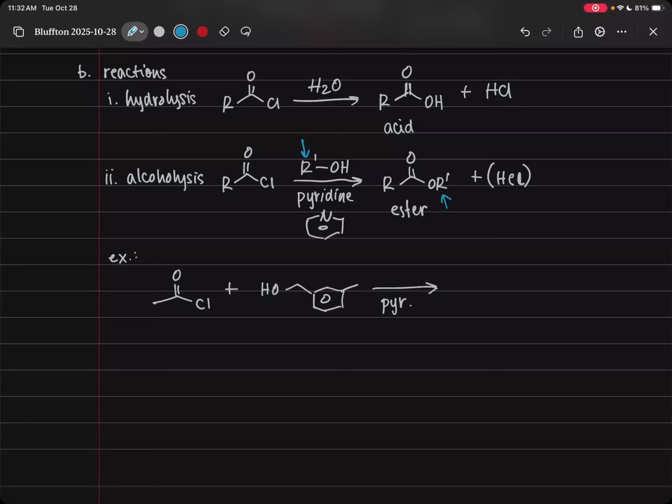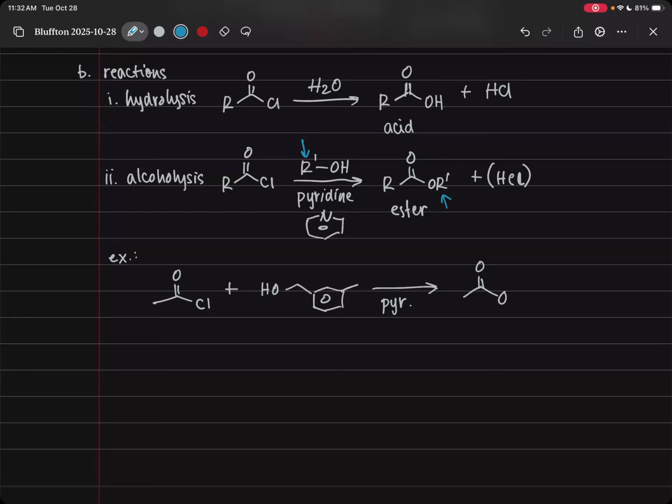Okay, so what we should probably do is redraw one of our starting materials, the acid chloride, and the chlorine is going to get replaced with an oxygen. And all we need now to make the ester is the R prime group, which is just the organic molecule that's attached to the alcohol.